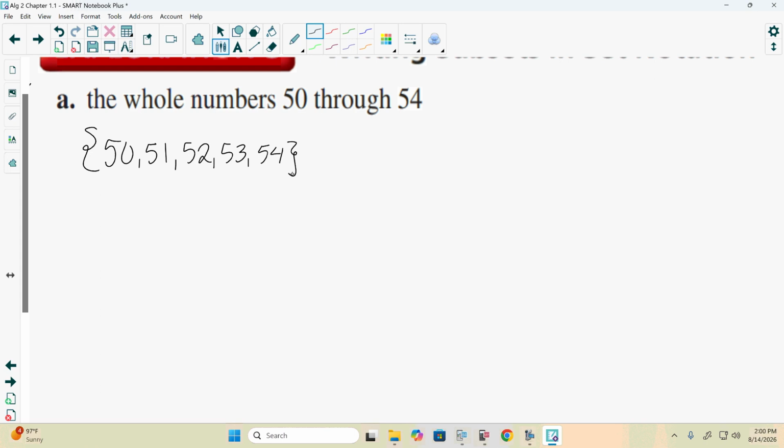Now if we wanted to do set builder, I would not do this with set builder, because we can go brace, x is an element of the whole numbers such that, now we've got to write that as an inequality, which is fine. 50 is less than or equal to x is less than or equal to 54.